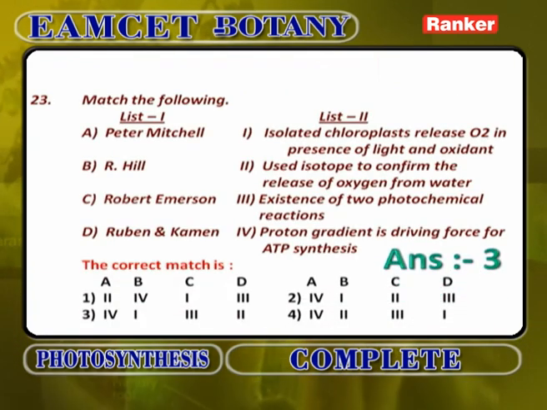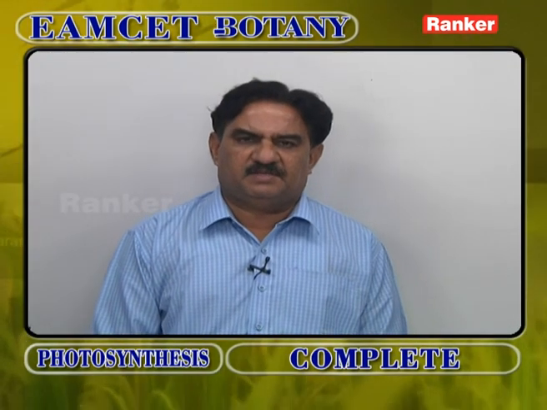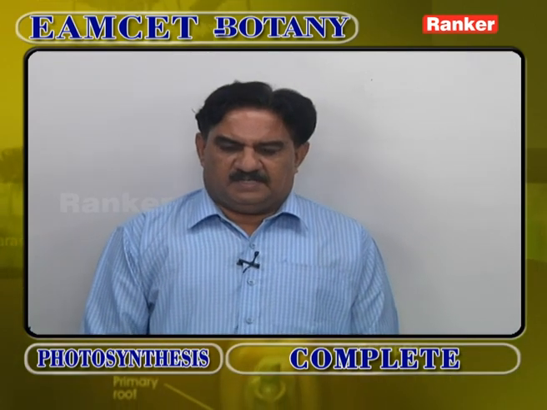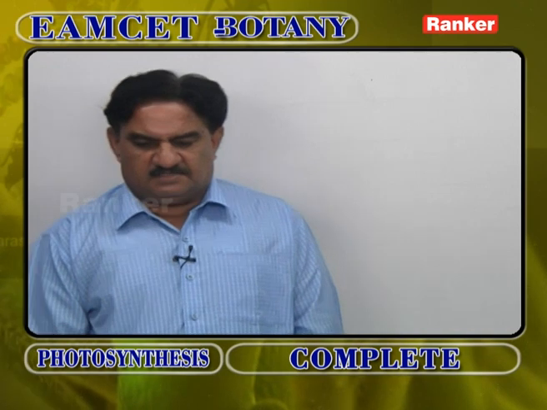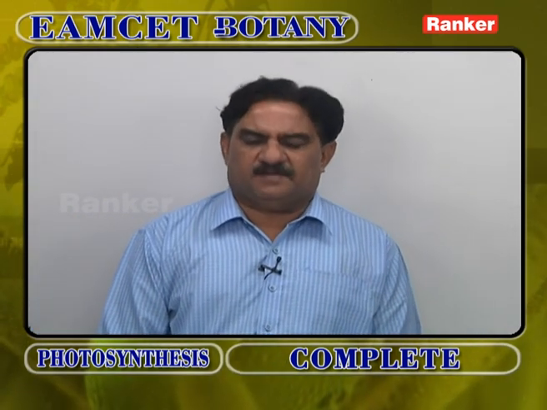This is a matching: Peter Mitchell, Robert Hill, Robert Emerson, Rubin and Kamen. Peter Mitchell is 4. Proton gradient is the driving force for ATP synthesis is the chemiosmotic theory proposed by Peter Mitchell. Robert Hill: isolated chloroplasts release oxygen in the presence of light and an oxidant, but absence of carbon dioxide.